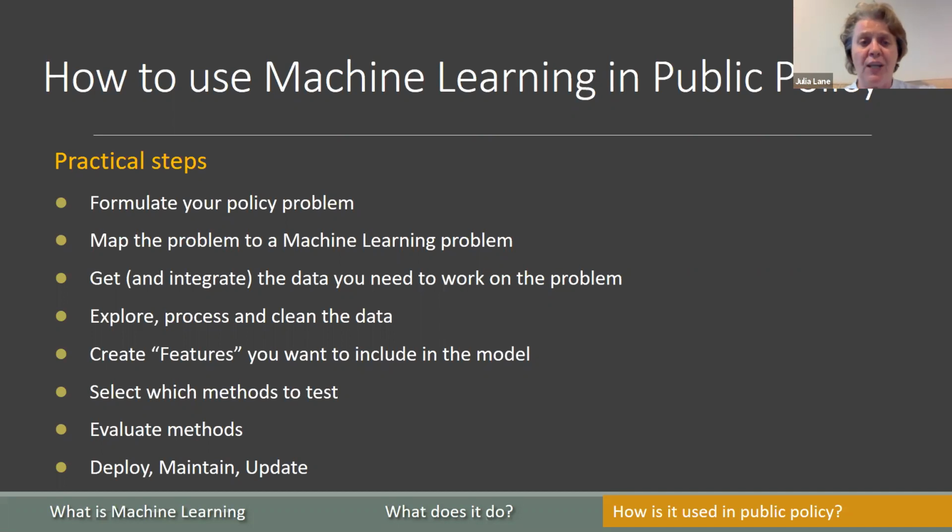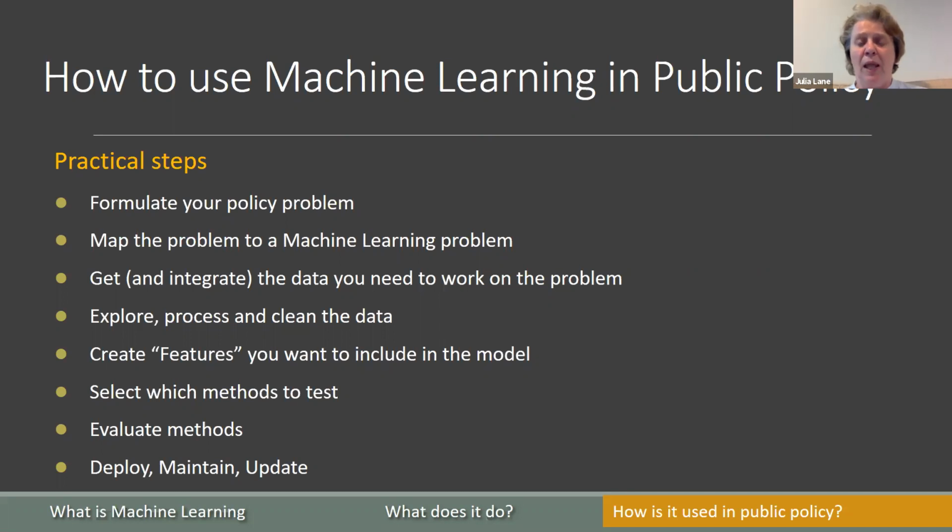So the first step is define your policy problem in a way that is amenable to being handled in a machine learning environment. And my colleague Brian Kim will talk about that in another one of the videos. I'm just going to set that up for you. Then you want to map it to a machine learning problem. Then you need to figure out what data are needed to answer the question.